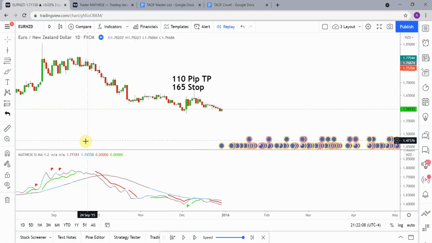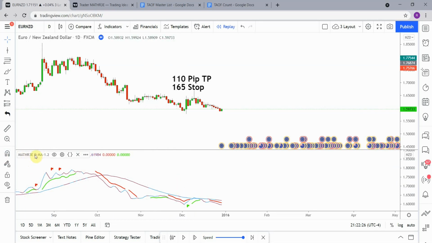Okay, so today's indicator is the DMA indicator. It's actually the Math R3E DMA indicator, but the beginning is the username of the person who created this indicator.